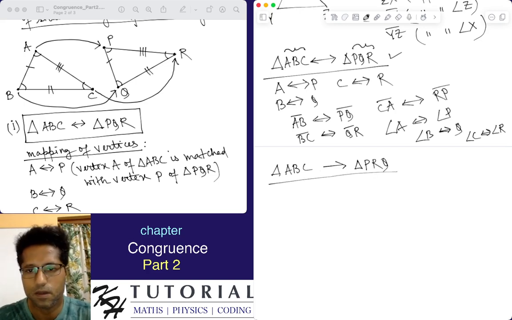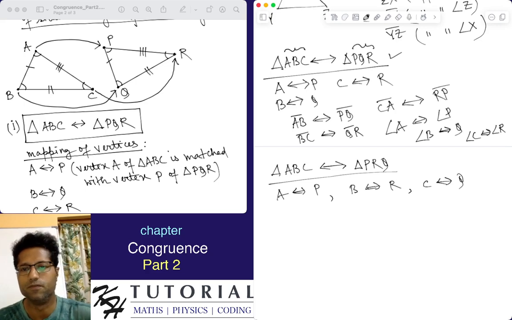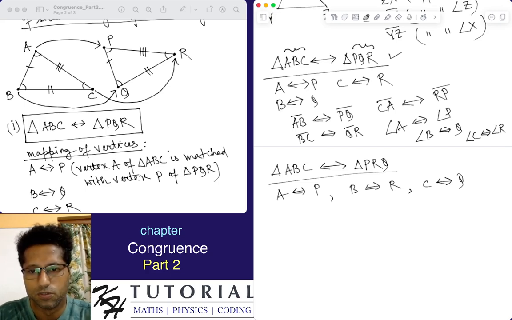Let's see. In this case, A will be mapped to P, which is the same. B will be mapped to R. It has changed. And C will be mapped to Q. It has changed from the previous mapping. Also AB is mapped to PR, which has changed.